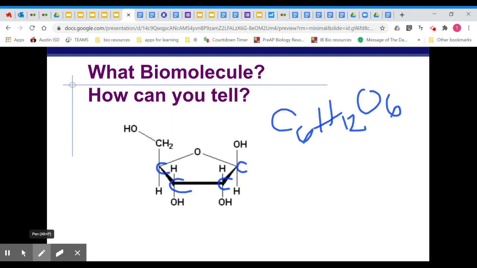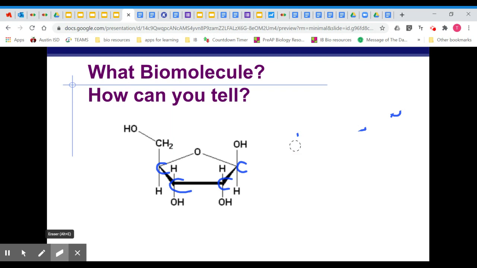So I lied. Let me count: 1, 2, 3, 4, 5 carbons. So it's C5. I should probably not just jump ahead.